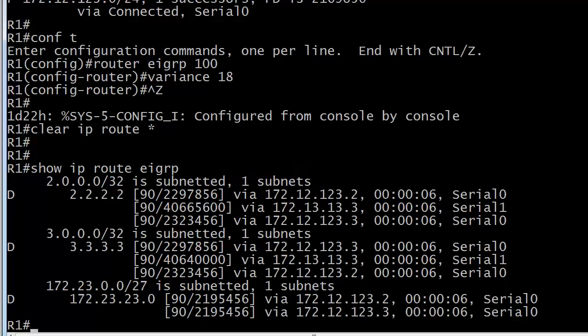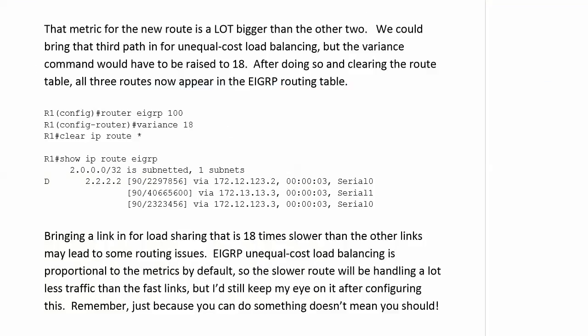So now we are using that third link, and you could see there's a big speed difference here. So we have successfully brought that link in via unequal cost load balancing using the variance command. And to get that 18, all I did was divide that 4,065,600 by 229,78,56, and it came out to something like 17.4. So I just raised it up to 18 because 17 wouldn't have done it.